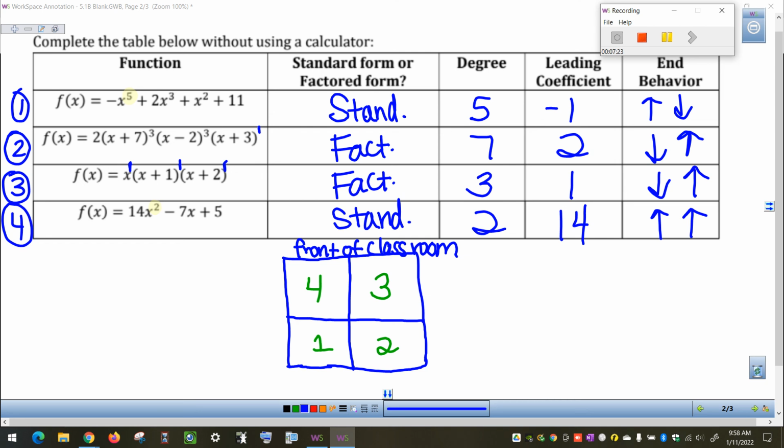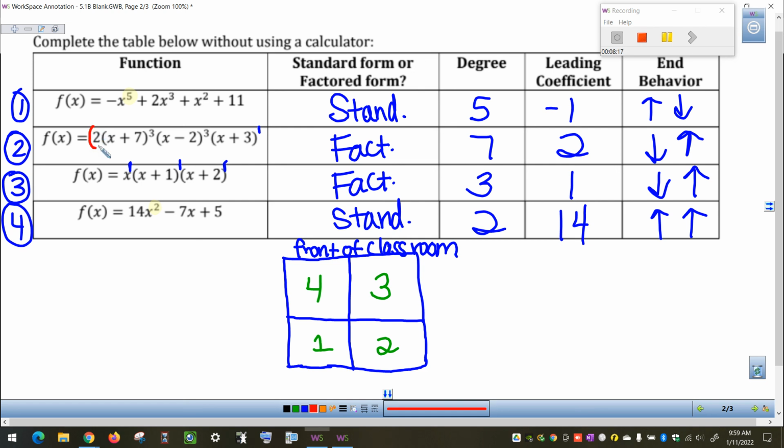And then the 2 in the middle, number 2 and number 3, since they both had parentheses, those were both in factored form. So we want to be really careful when we're getting our degree. We want to think about what the highest exponent would be if the pieces were all the way multiplied out. Now I want to point out on the second one that we're not at all thinking about an exponent attached to this 2 in the very front.